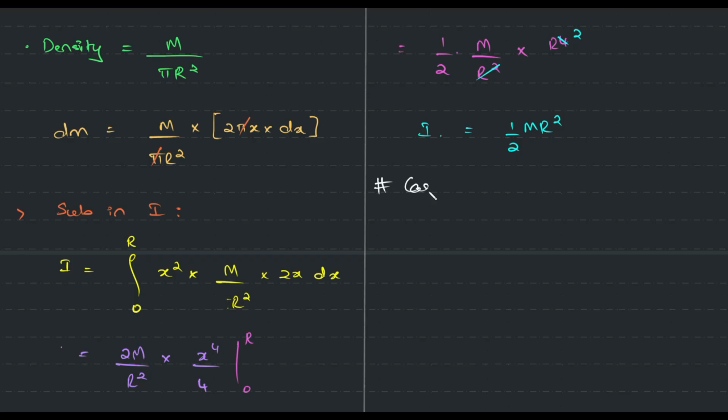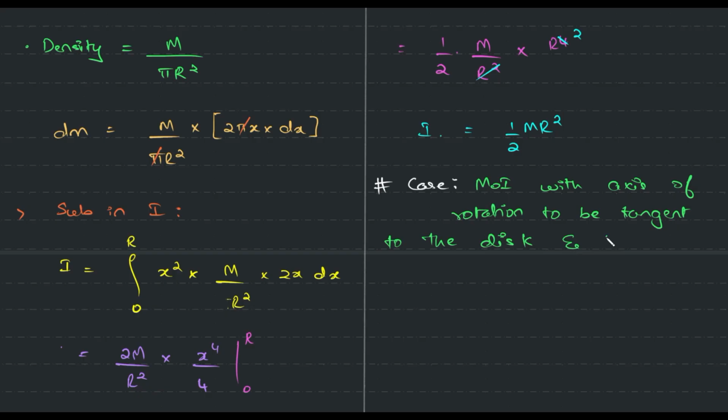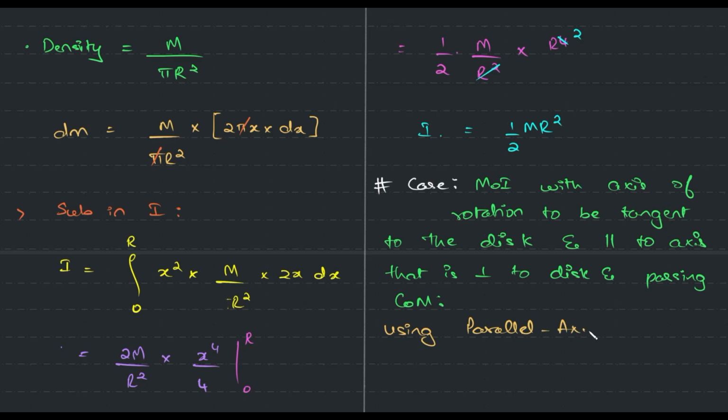That's it. If I pick up a case wherein the axis of rotation is tangent to the disk and parallel to the axis that is perpendicular to the disk and passing through the center of mass, the next obvious case, we are to make use of the parallel axis theorem.